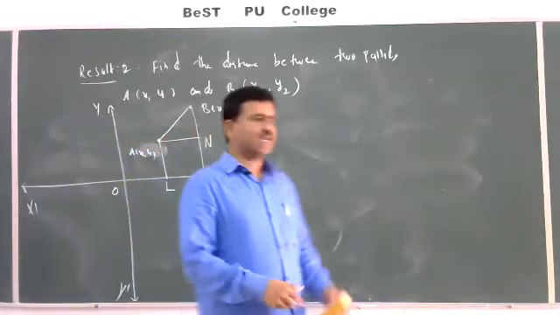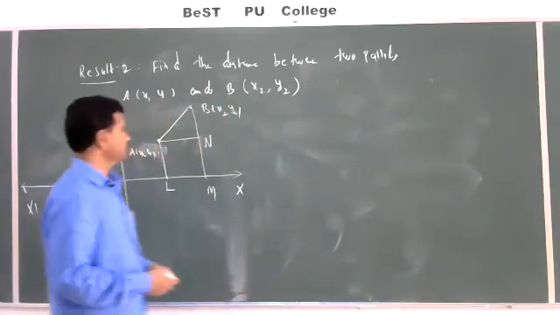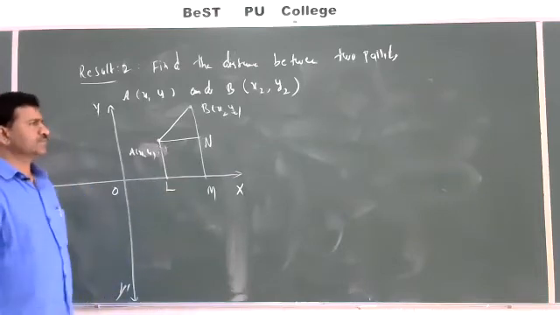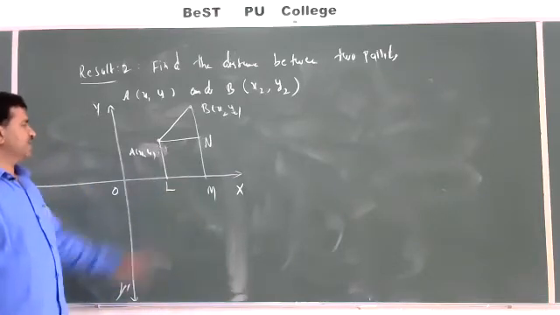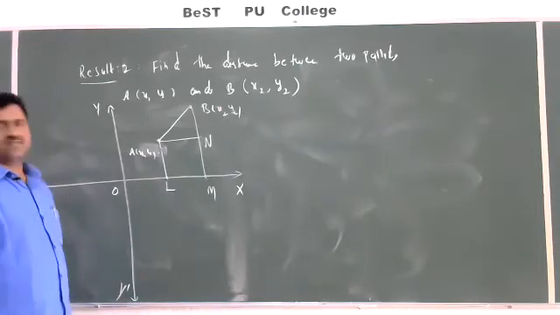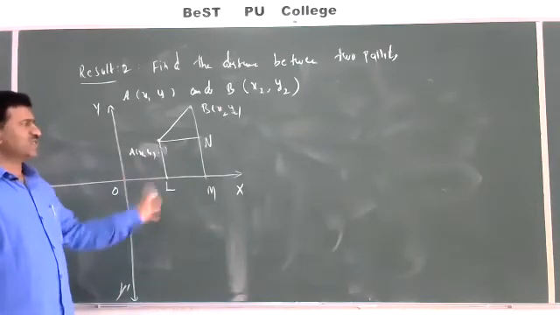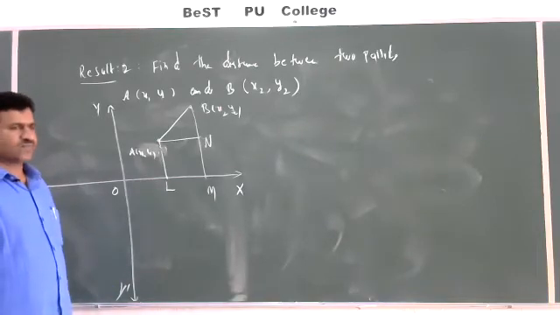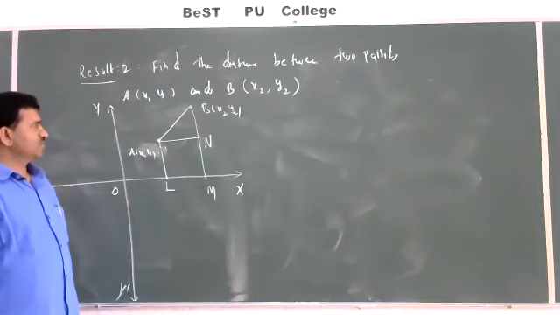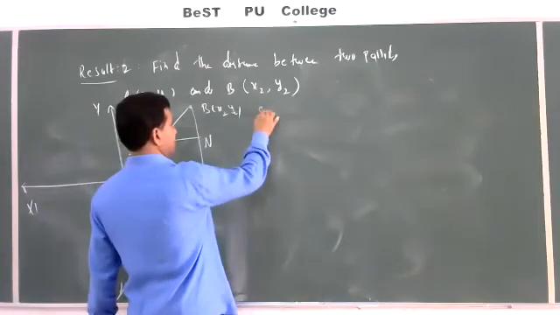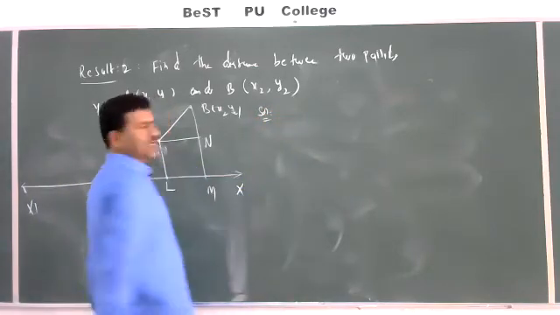Consider a rectangular coordinate system. Let XO x dash be the x-axis, YO y dash be the y-axis. It is a 5 marks question. Explanation is compulsory. Don't write the answer directly. Consider a rectangular coordinate system.